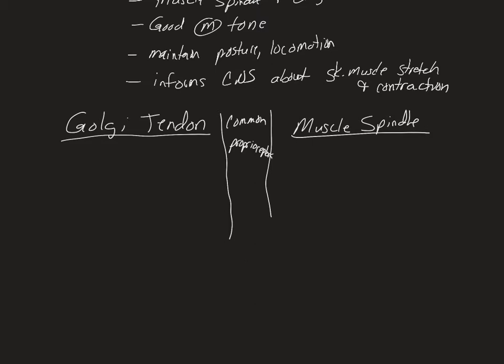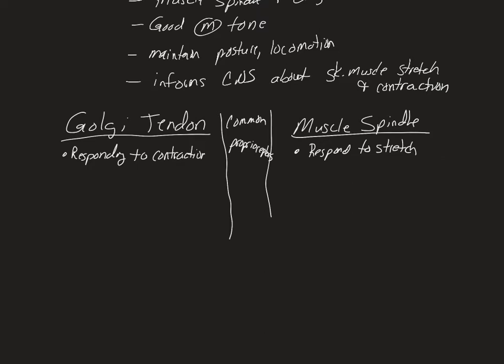But what the Golgi tendon organ is doing is it is responding to contraction. So when a muscle contracts, it triggers the Golgi tendon organ. In contrast, muscle spindles respond to stretch. So when the tissue is stretched, it sends a signal back, okay?